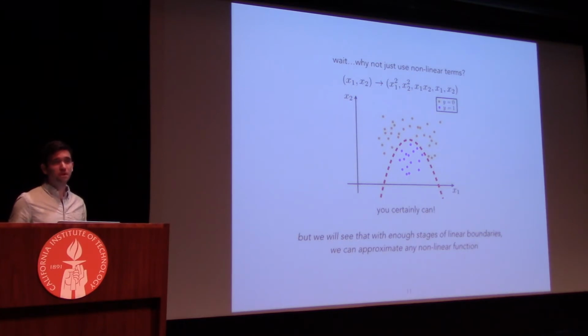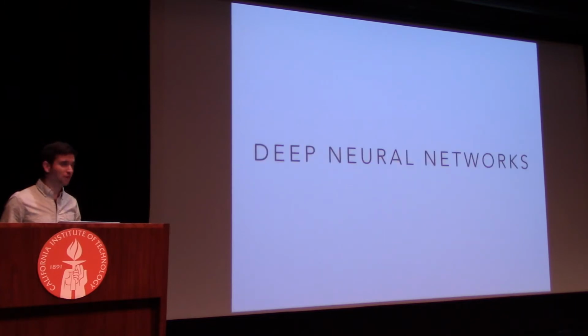So if you build up enough stages of processing, and enough units of processing within each stage, you can approximate any function. So you really don't have to go to this basis expansion if you want to learn nonlinear decision boundaries. This leads into this area that has come to be called deep learning.